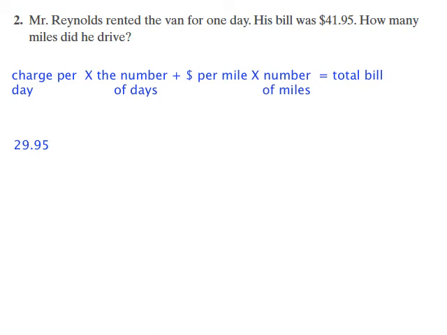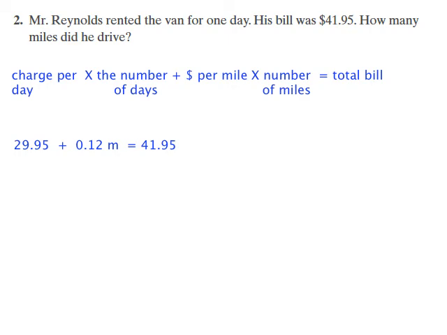We only have 1 day, so we don't need to multiply the $29.95 times anything. It's 12 cents per mile. We don't know how many miles, so we're going to put M in for the number of miles driven. And the total bill was $41.95. So we have $29.95 plus 12 cents times M equals $41.95.